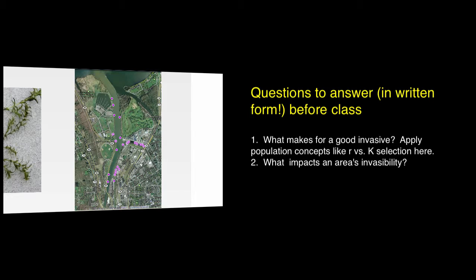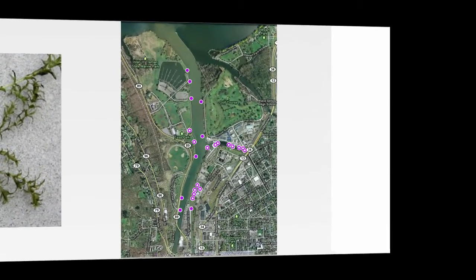And I'd also like you to think about what makes an area particularly invasible. Okay, so you have two things to do. And I think that if you think back to the life history stuff and the R versus K selection, you can apply some of those ideas to this idea of what makes a good invasive species. Okay, so that's for Monday in class.